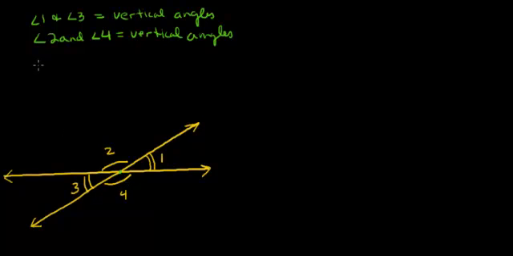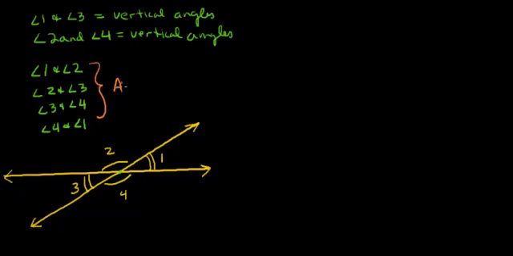On the flip side of that, we have angle 1 and angle 2, angle 2 and angle 3, angle 3 and angle 4, angle 4 and angle 1, which are all what we would call adjacent angles.